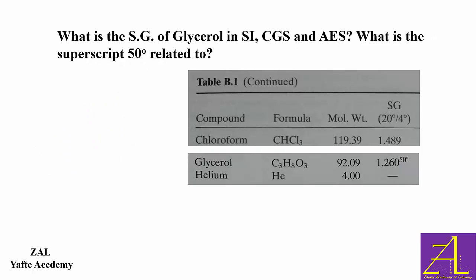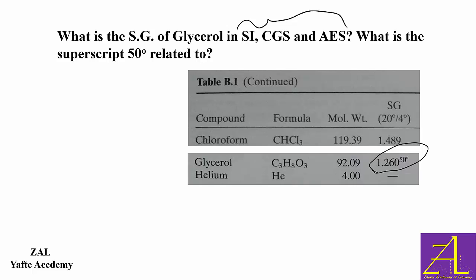Next, specific gravity of glycerol, we can look it up in the table B, and as you see, it is 1.260. Because it is a dimensionless quantity, it is the same number in all the systems of units. Now, what is this subscript 50?